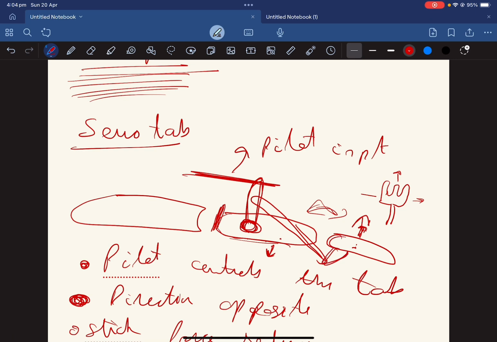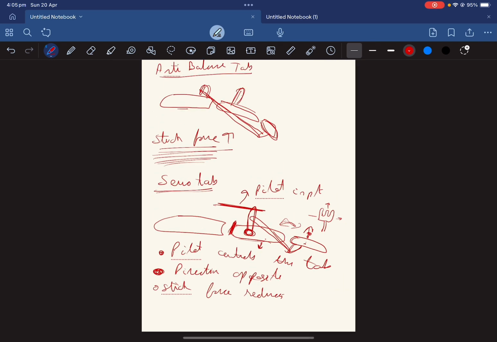So always check your control locks when you're using servo tabs in your aircraft. And there's a disadvantage of this: its effectiveness is reduced at low IAS.